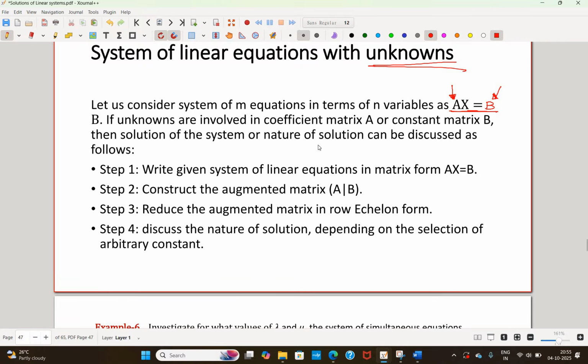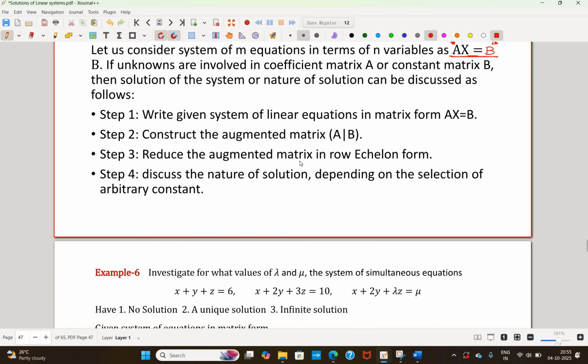So corresponding to the values of unknowns, the solution pattern of the given system of linear algebraic equations may change. So we have to find for what values of unknown constants the system will carry a type of solution out of unique solution, infinite solution, and no solution.